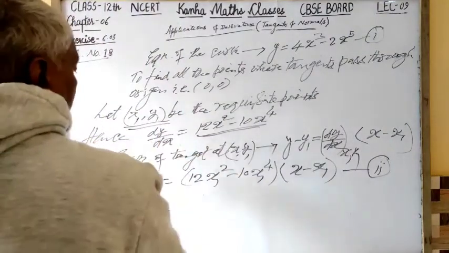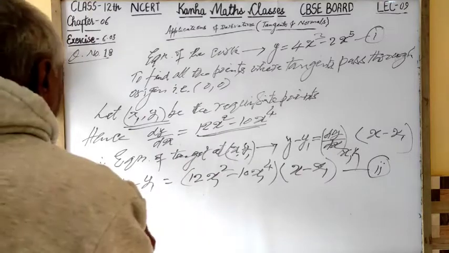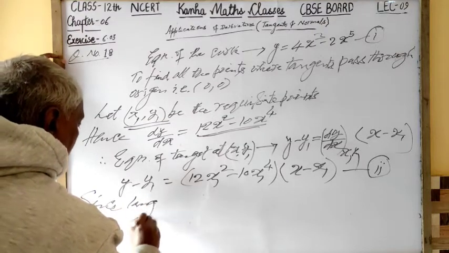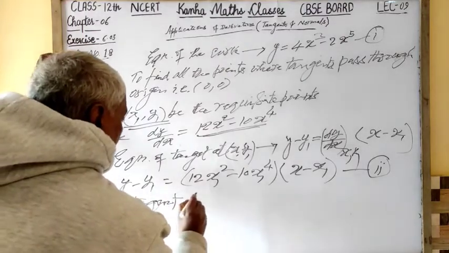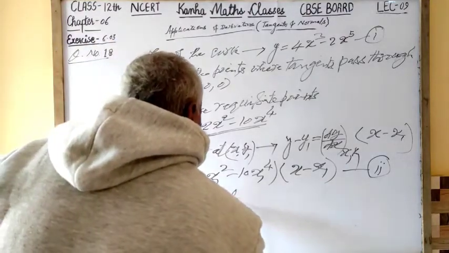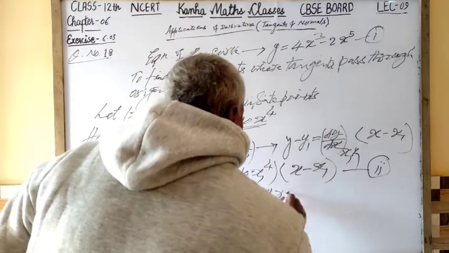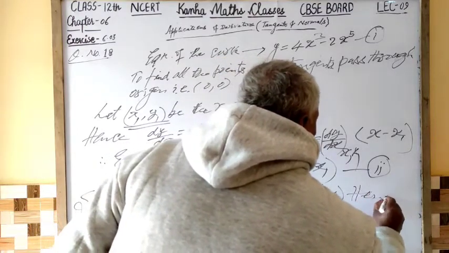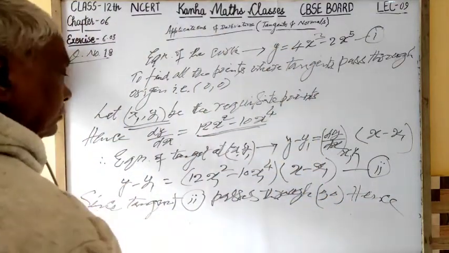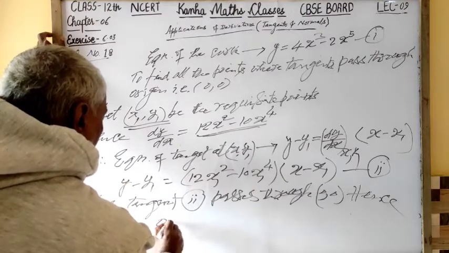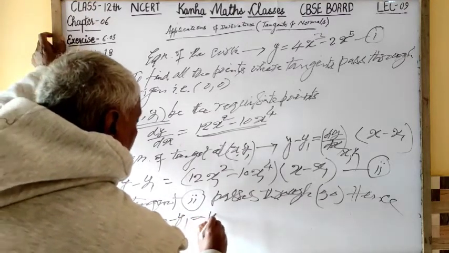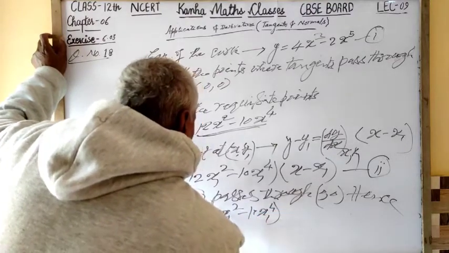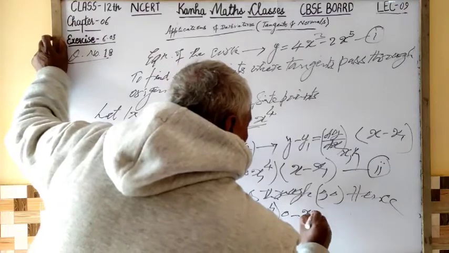Since this tangent passes through the origin 0, 0, hence 0 minus y1 is equal to 12 x1 square minus 10 x1 to the power 4, into 0 minus x1.